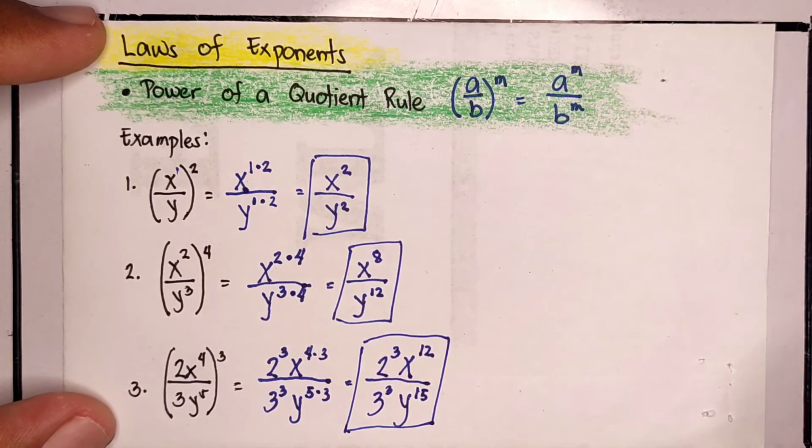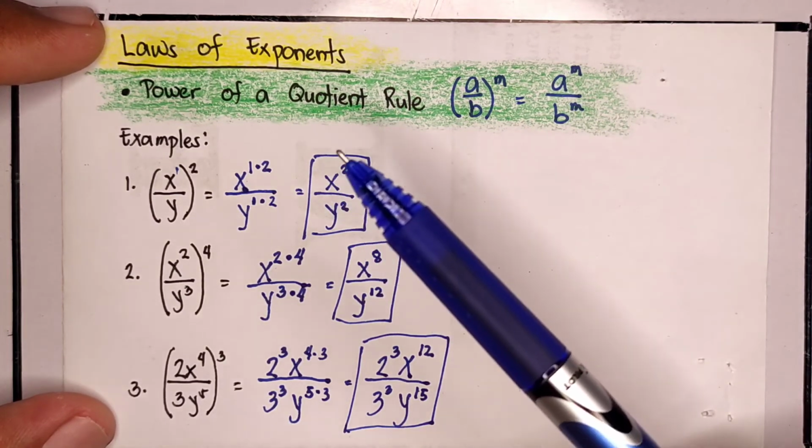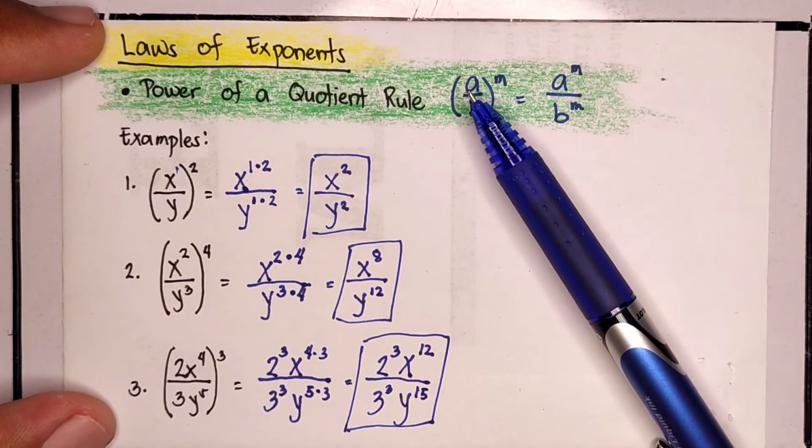Okay, that is the fifth rule for the law of exponent, which is the power of a quotient rule.